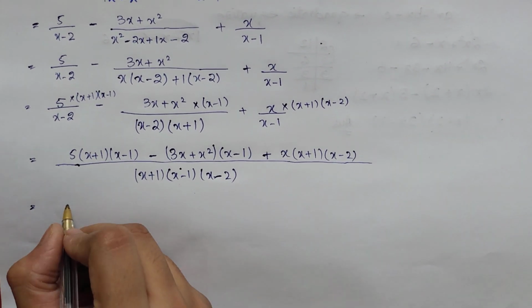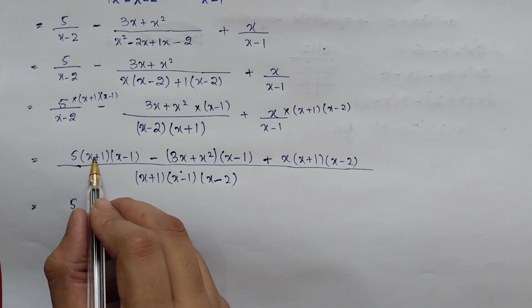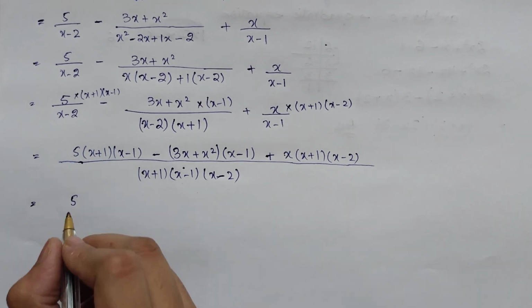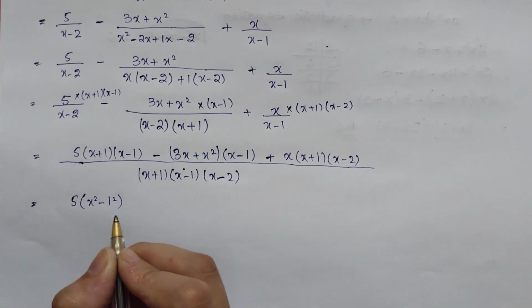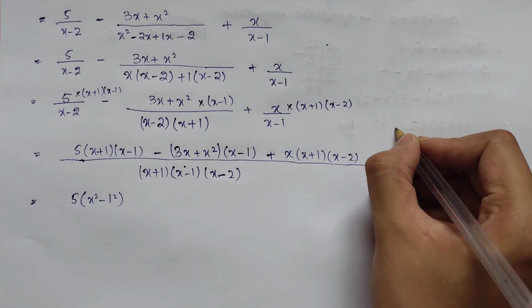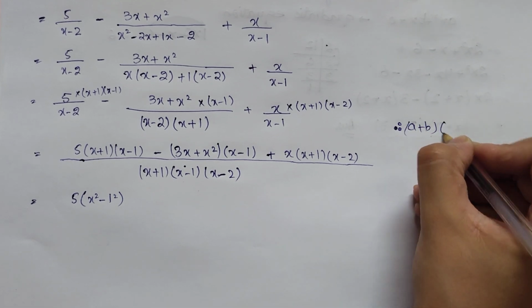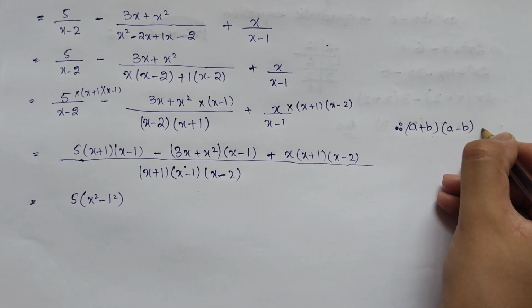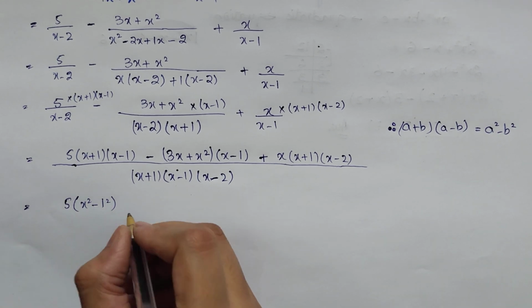5 into x plus 1 and x minus 1 becomes x square minus 1 square, using the formula a plus b into a minus b equals a square minus b square. So I close the formula.